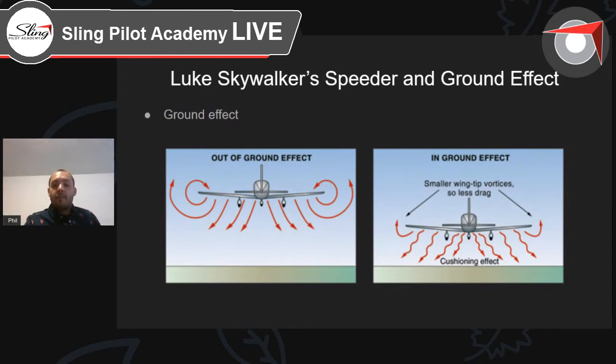So there have been engineers that have utilized ground effect for aircraft very, very intelligently. We'll look at that in a second.